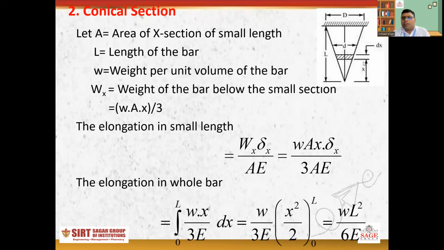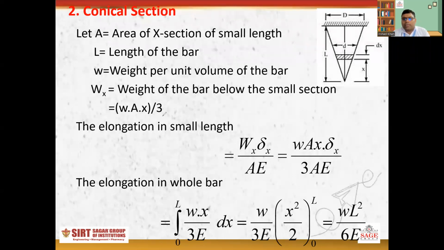Since this is a conical section, the volume of a cone is one by three times the cross section and the height of the cone. So it can be written as A x by 3, where the cross section is A and the height is x.